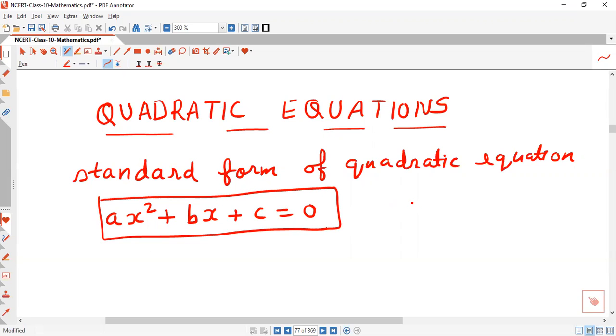Only with the condition that the value of a cannot be equal to 0. So what is the meaning of that?